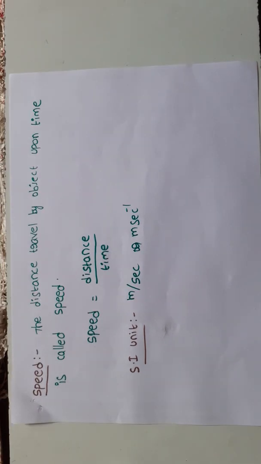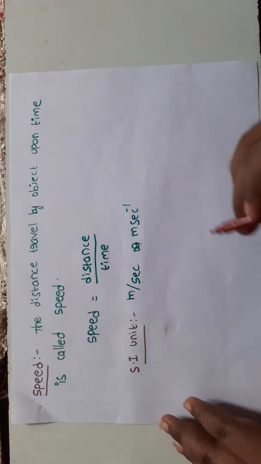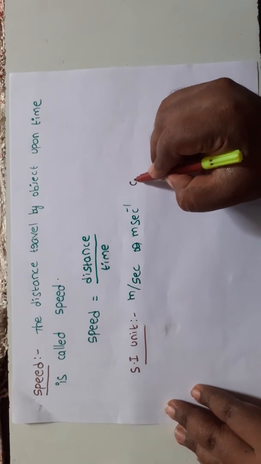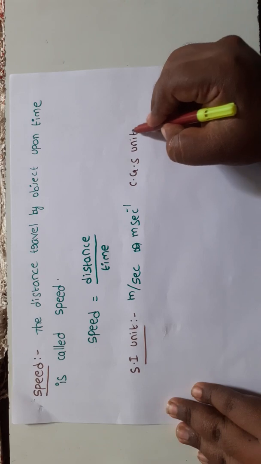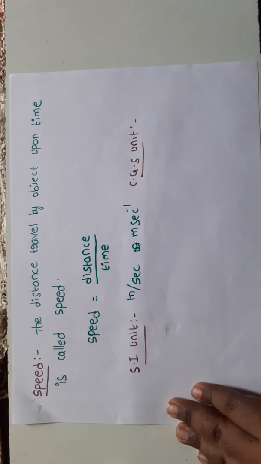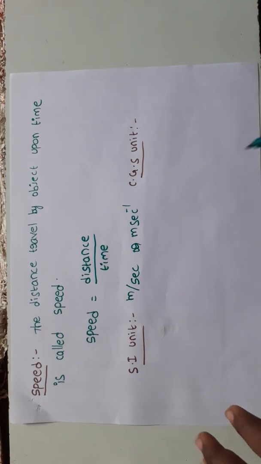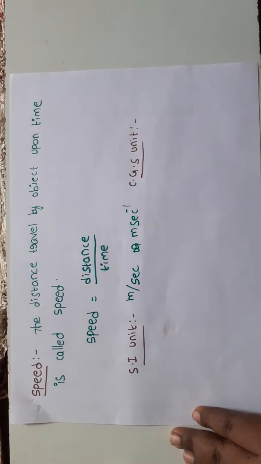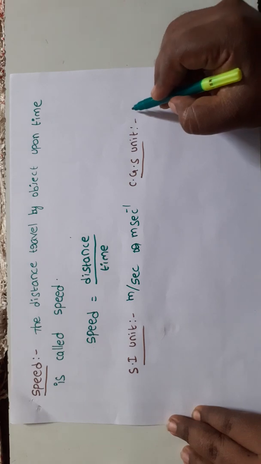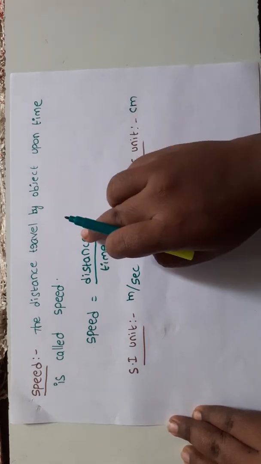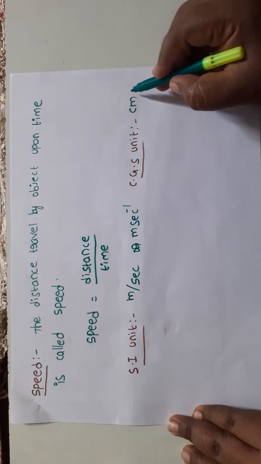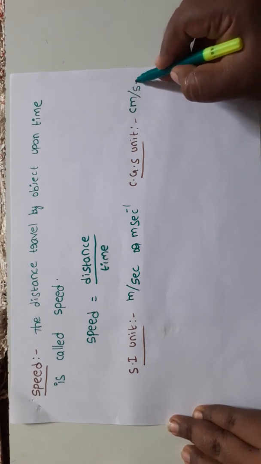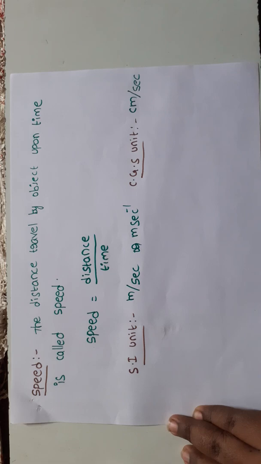Next, one more unit, the CGS unit. What is the CGS unit of speed? What is the CGS unit of distance? The CGS unit of distance is centimeter and time is second.